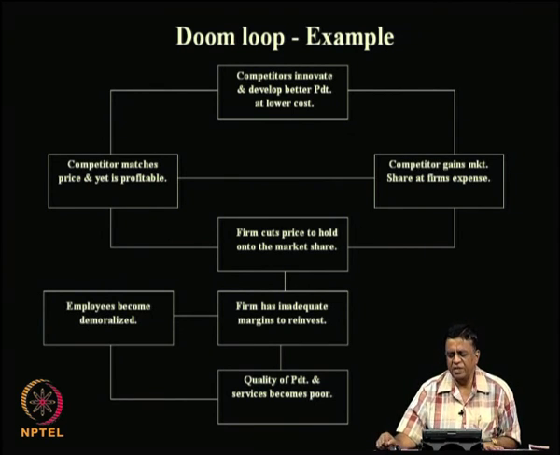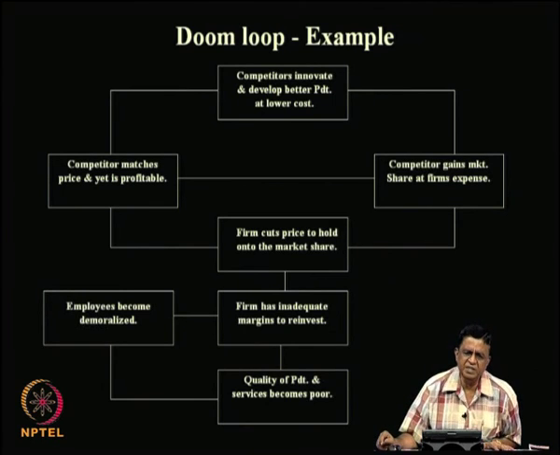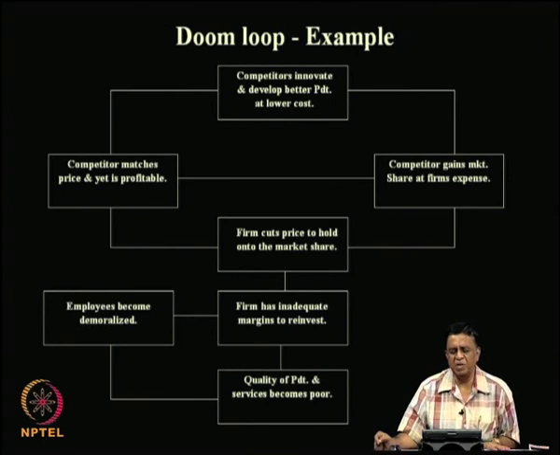Because of different types of administrative glitches, it found itself competing in a market and getting into this type of doom loop. Extricating itself from this doom loop proved very difficult for the company.